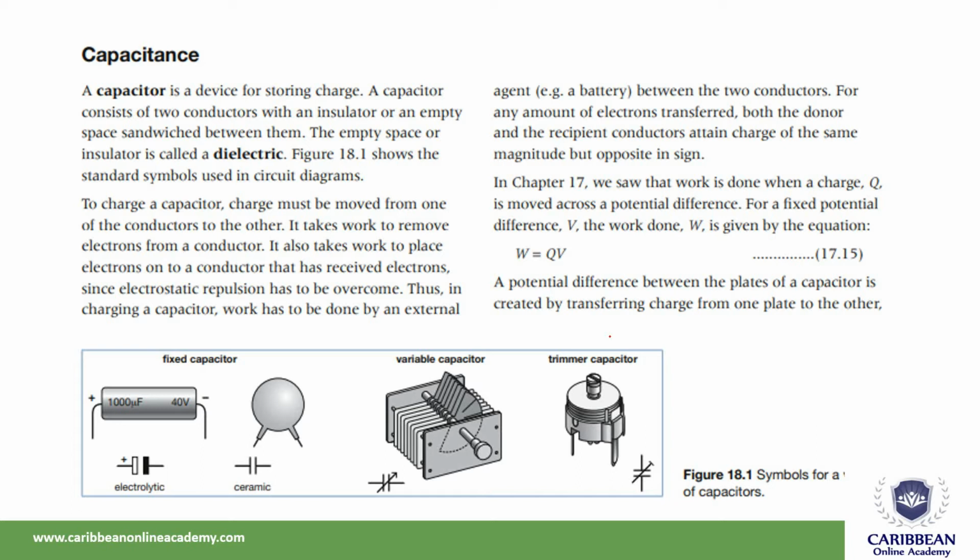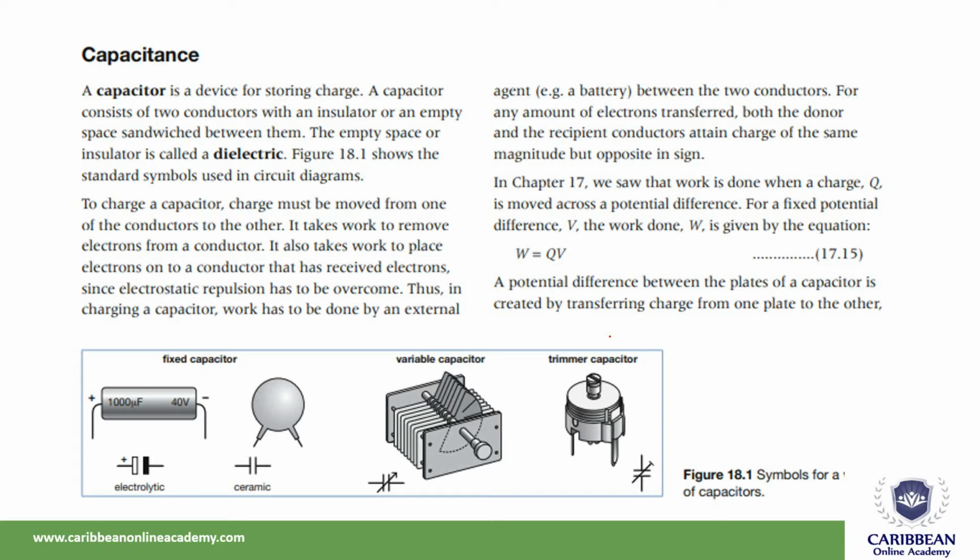And since, if you can imagine you taking electrons and putting them on a conductor that already has electrons, then there's going to be an electrostatic force of repulsion that needs to be overcome. So you can expect that work has to be done to do that. And it says, thus, in charging a capacitor, work has to be done by an external agent.